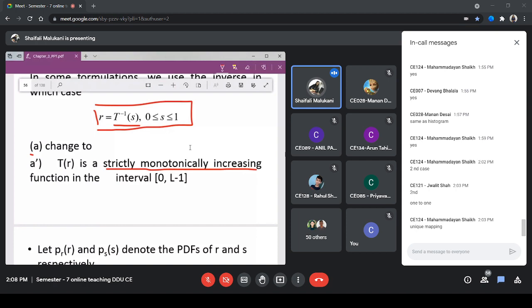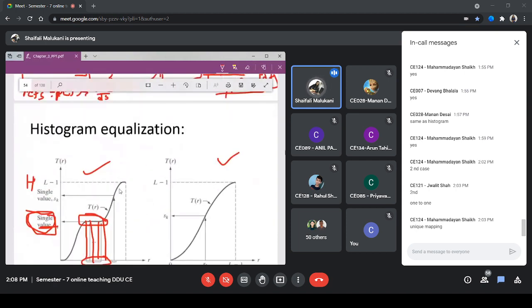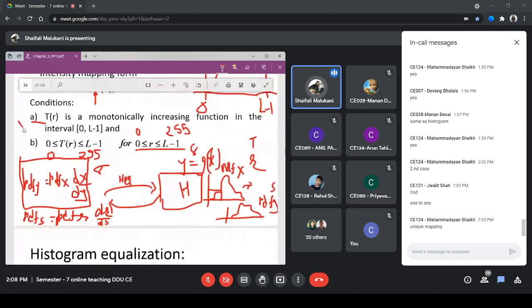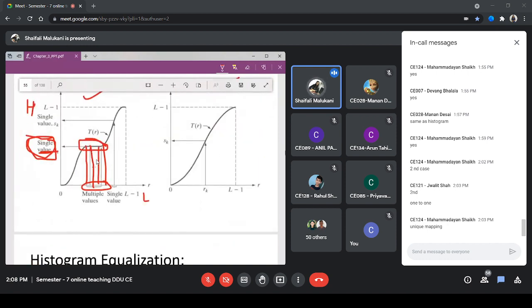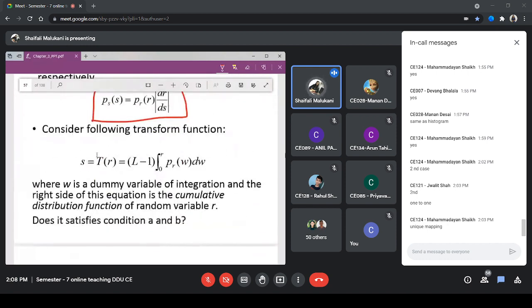So now what is the question? What kind of T should I use that will satisfy these two? As I told you, many options are available. One such option is this.